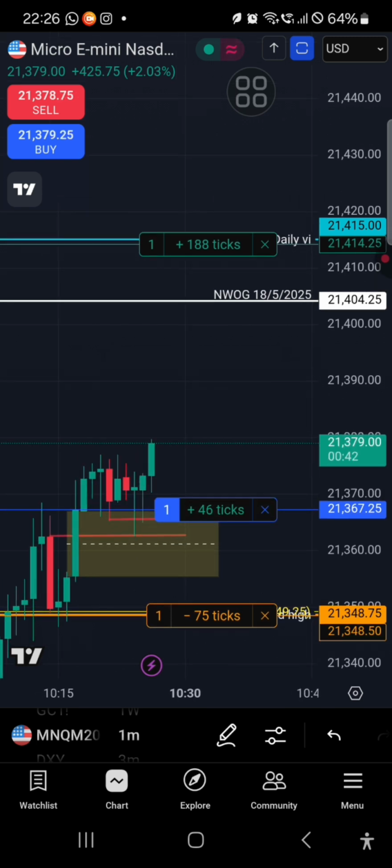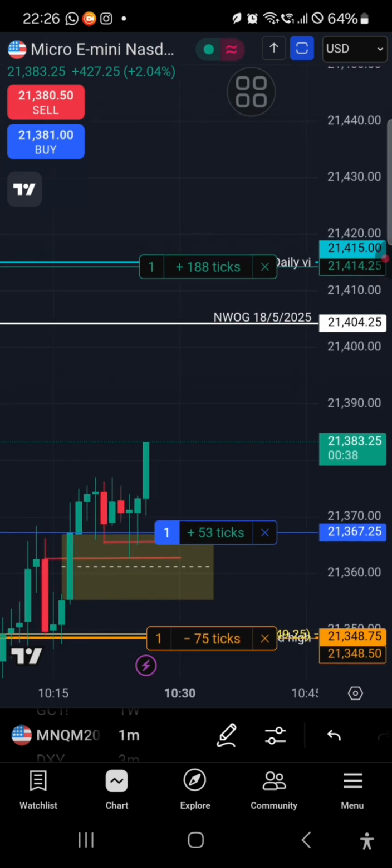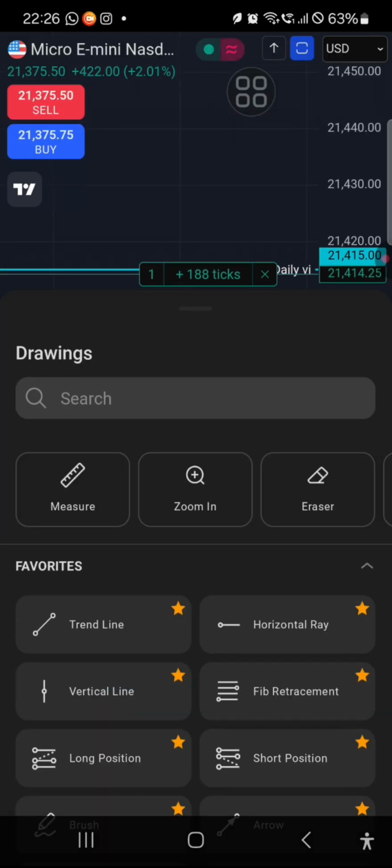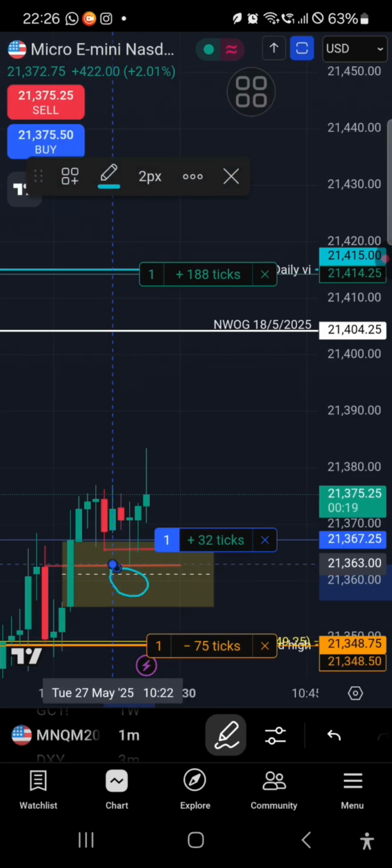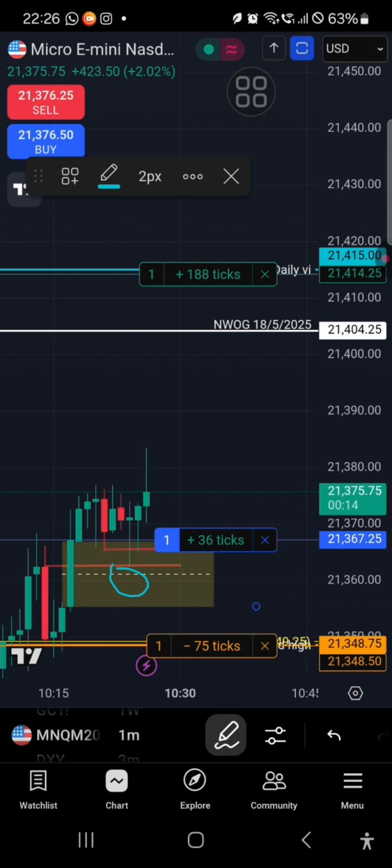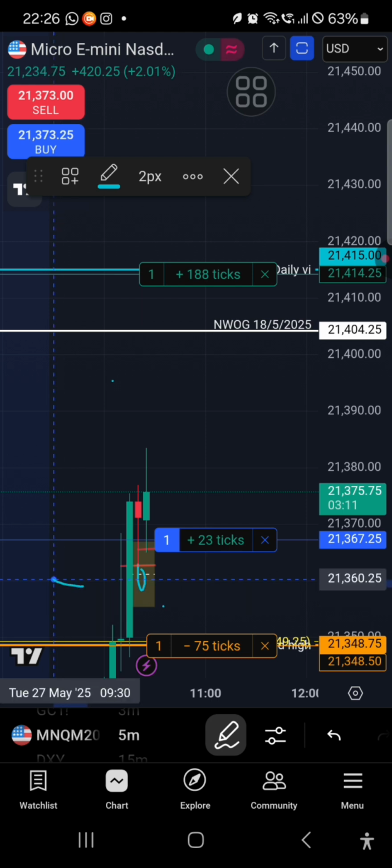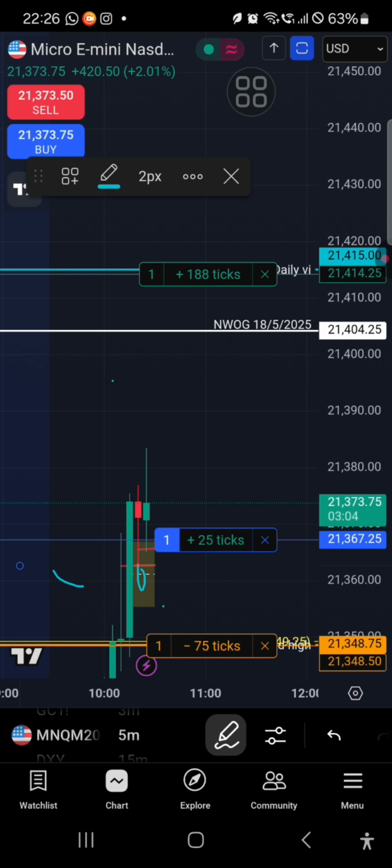Okay, expansion higher. Now can we continue higher? Still, I want price to reach for the CE of the fair value of the BC here. It's okay, it can do so. But let's look at the 5-minute charts. So far still okay.